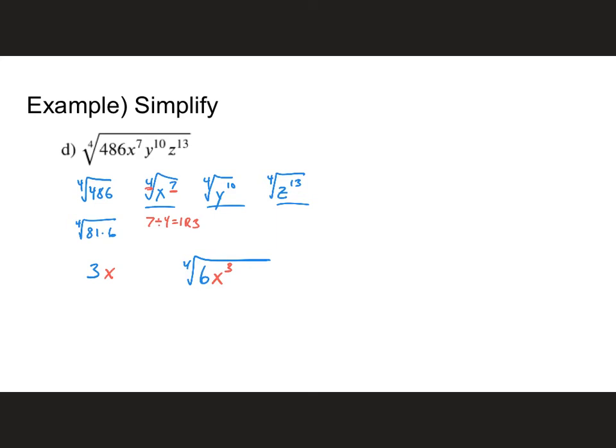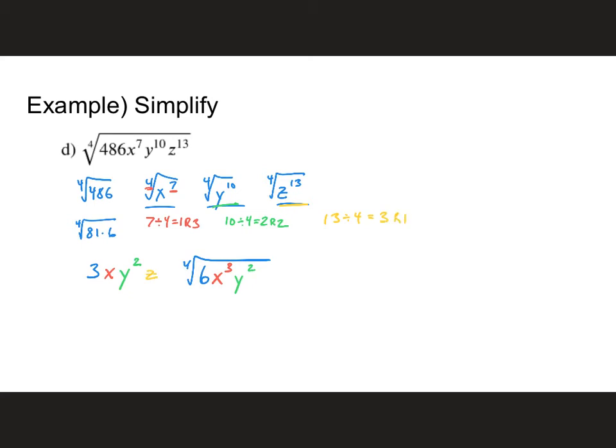Okay, and then I'll do the next one. The fourth root of y to the 10th. So let's see here. 10 divided by 4 is 2 with a remainder of 2. So that'll mean it's y squared with a y squared left over underneath of the radical. And finally, I have the fourth root of z to the 13th. 13 divided by 4 is 3 with a remainder of 1.